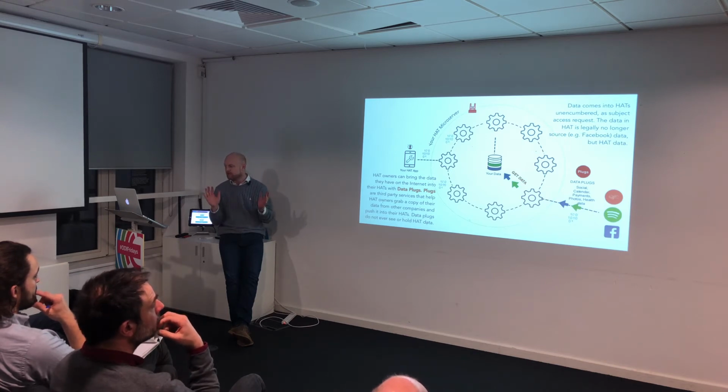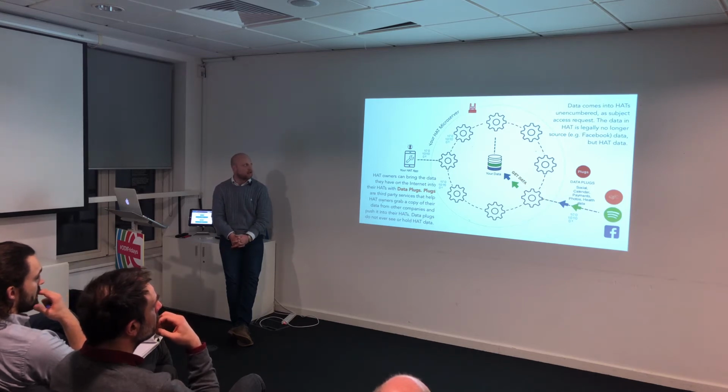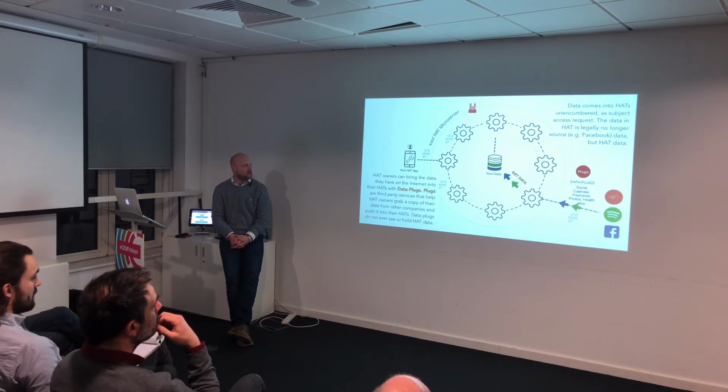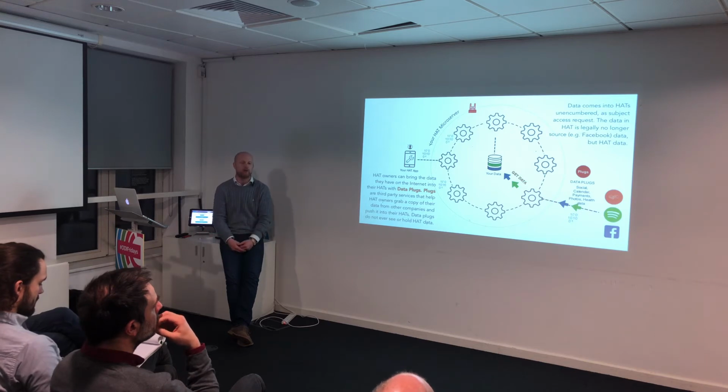We have set up a number of these. Data plugs exist at the moment for some social data, calendar data, payments data, photos data, that kind of thing. And we make the data plugs that we create open source, and they are easy enough to create for more and more data types. We wait for a use case though, so as people have a use case requiring one, we build it.